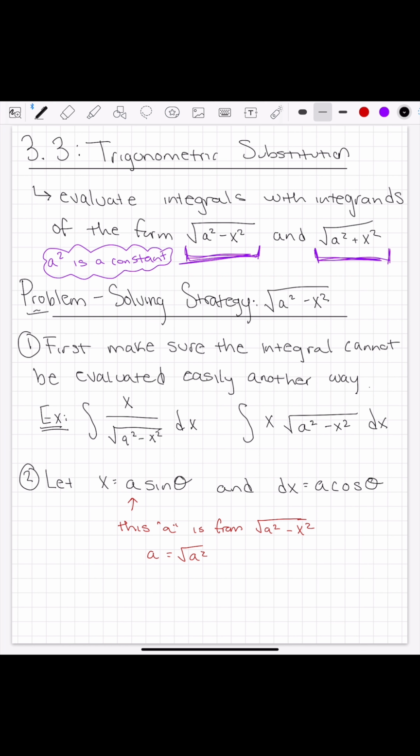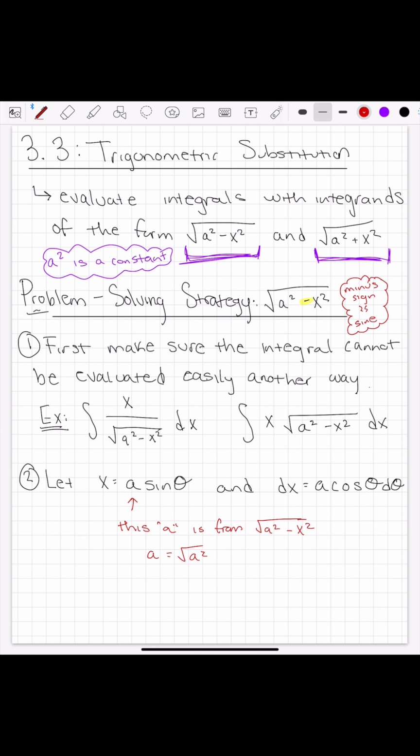So the one way that you can remember this is when you have a minus sign, that minus sign there stands for sine, right? So that's the trick. Minus sine equals use sine for the substitution, and you'll see why I point that out when I go over the plus sign, right? Because for this plus sign, we're going to use tan. So the plus sign stands for the t in tan.